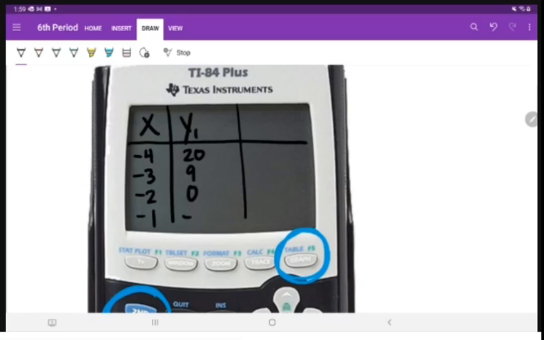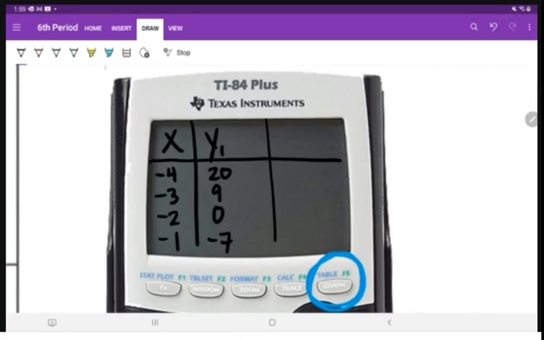So I want somebody to help me out. You can scroll up and down on these. So I want somebody to scroll on this table and tell me when X is 17. When X is 17, what's Y? McKenna, you're super fast. 209. Does everybody see that? Can you scroll down to 17 and see that the Y value is 209?